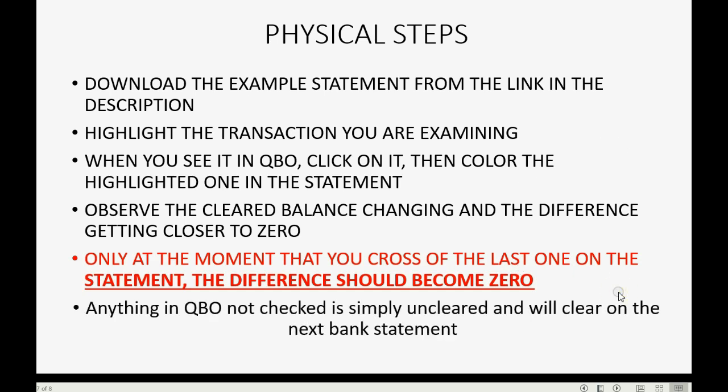Anything in QuickBooks Online that's not checked at the moment you cross off the last one on the statement will simply clear in the next bank statement. So when you're finished, everything should be crossed off the statement, but not everything should be crossed off in QuickBooks Online. Let's take a look at how to do it.